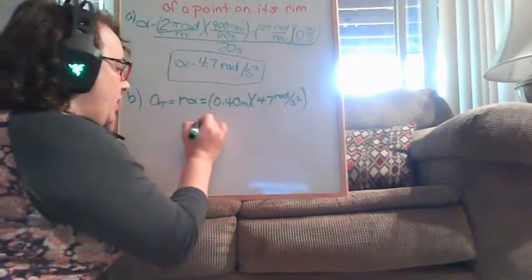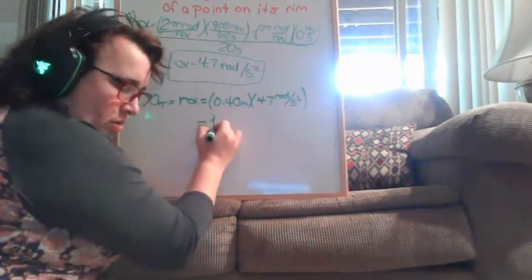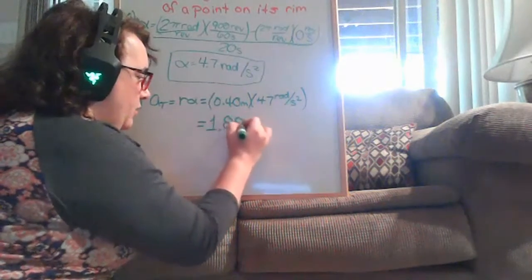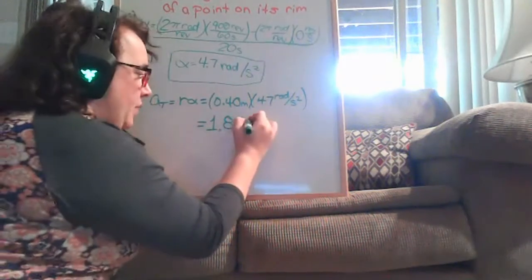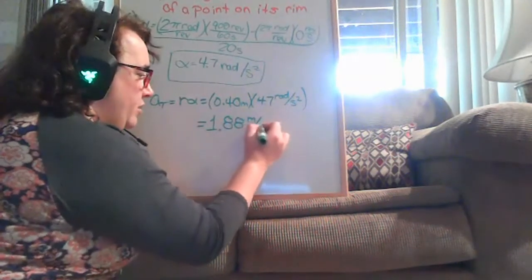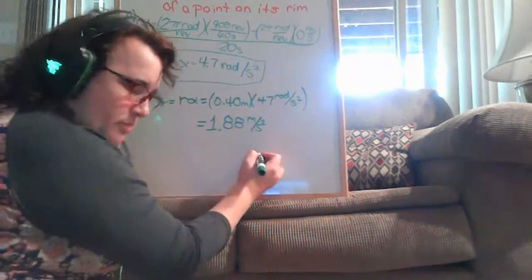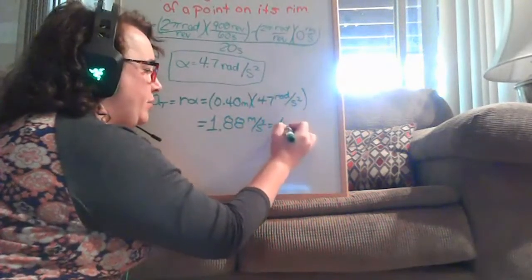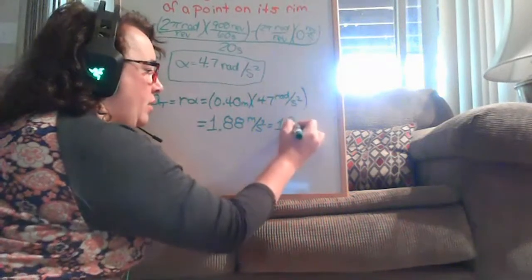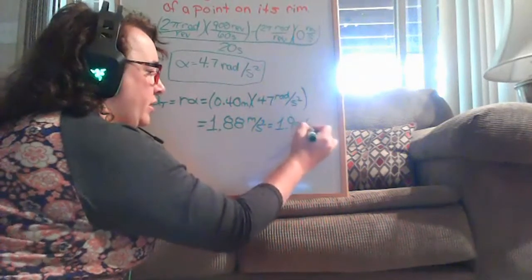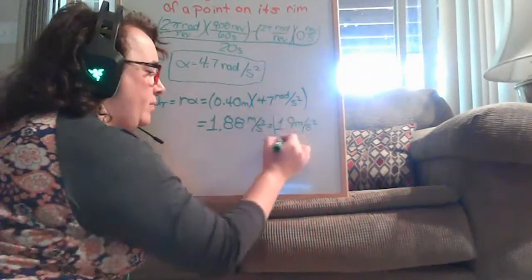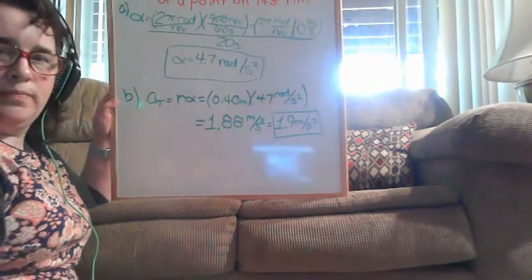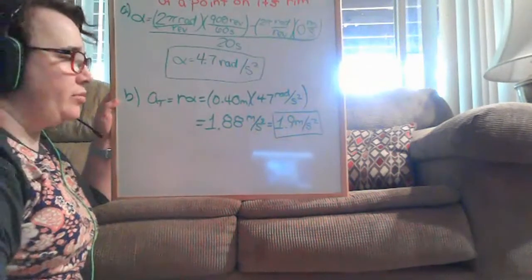And calculating that out, we get 1.88 meters per second squared. So putting it in proper significant figures, 1.9 meters per second squared. So that is the tangential acceleration, 1.9 meters per second squared.